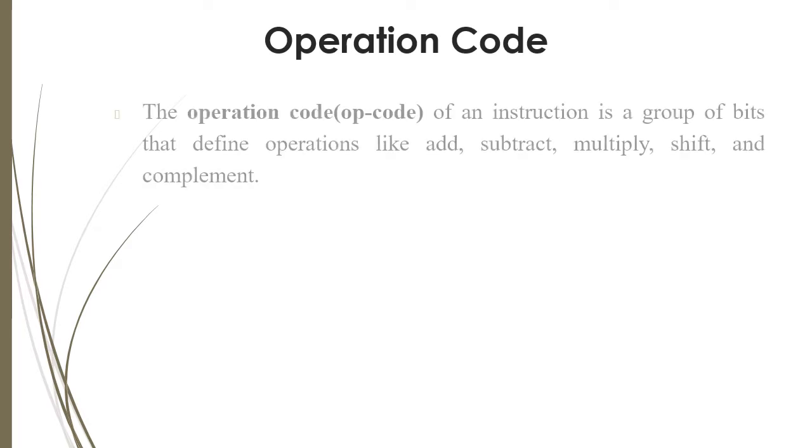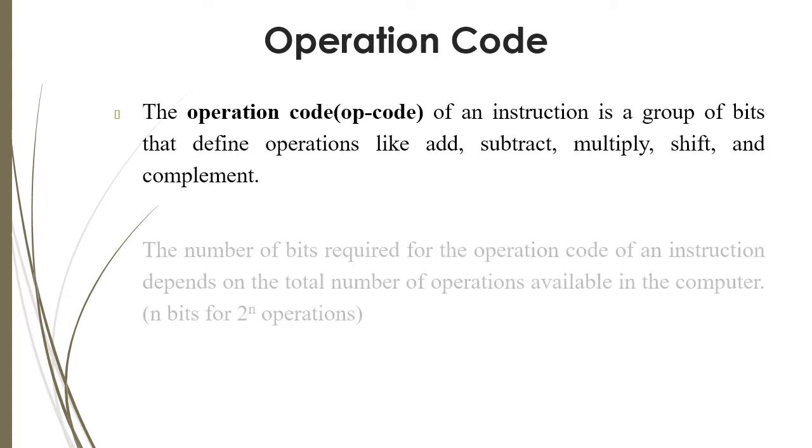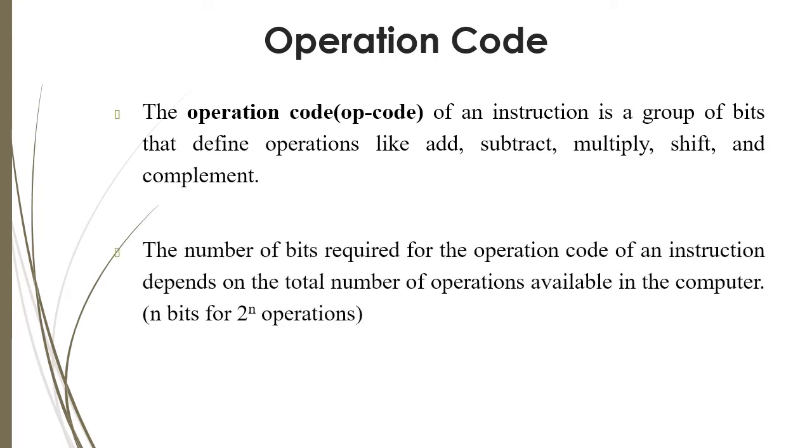Operation code. The operation code, also called opcode, of an instruction is a group of bits that define operations like add, subtract, multiply, shift, and complement. The number of bits required for the operation code of an instruction depends on the total number of operations available in the computer.